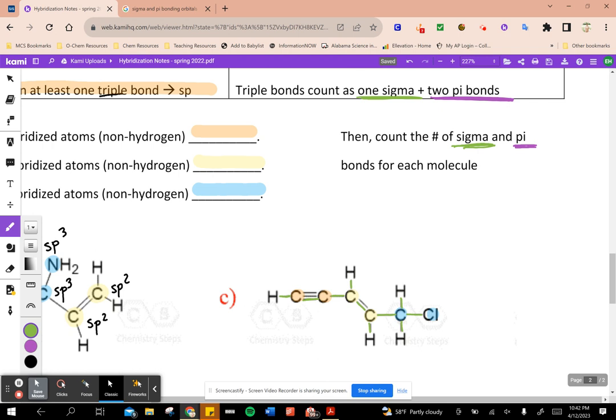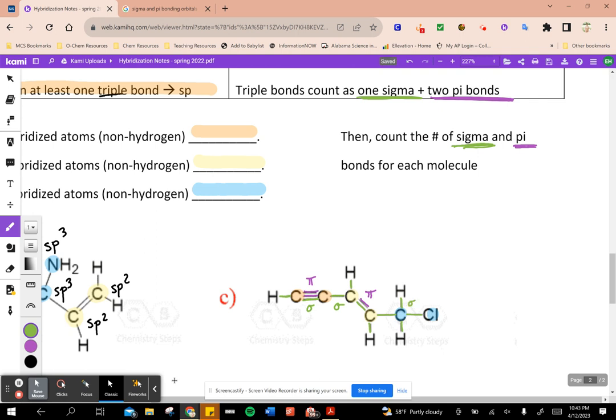Then what I want to go back and do is mark any pi bonds, which essentially is just the remainder of the double and triple bonds. So I'd have 2 pi bonds in that triple bond and another pi bond in that double bond right there. But everything else that I've got marked in green, those would all be sigma bonds.